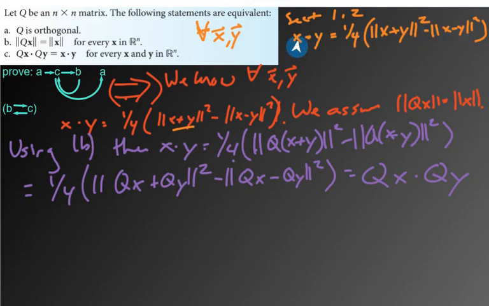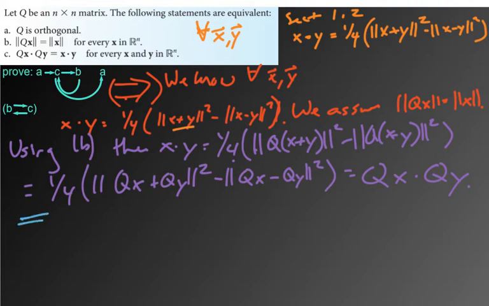This is equal to this, just like this is equal to this. And so I'm just sort of using it in the backwards direction there, but that would do it. So all you do is you start off with that identity, and then you just assume that B holds, so you can introduce a Q in there, and then you just use the identity one more time. That does it. That does the forward direction.